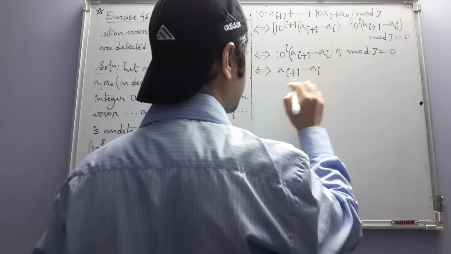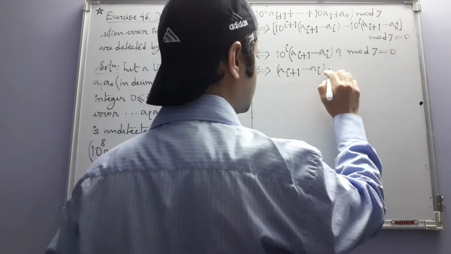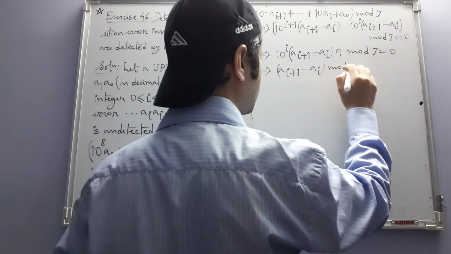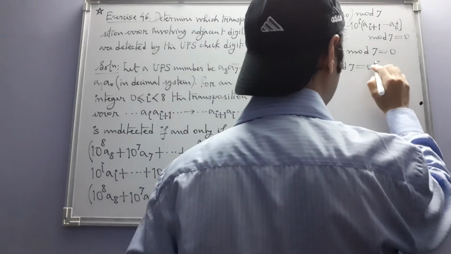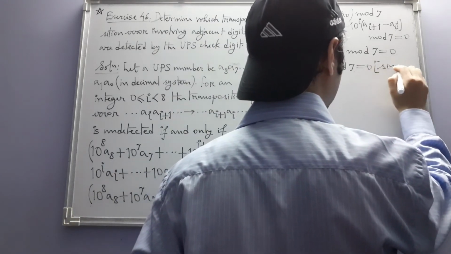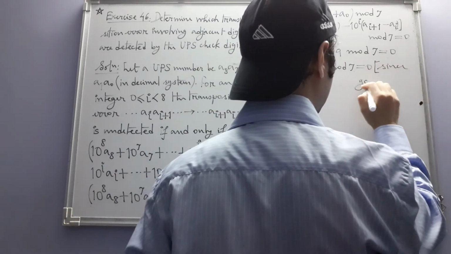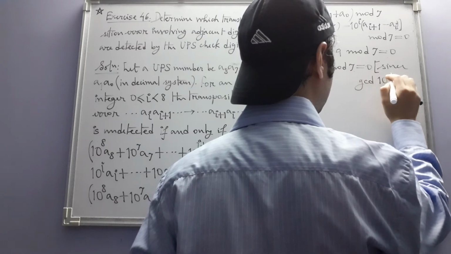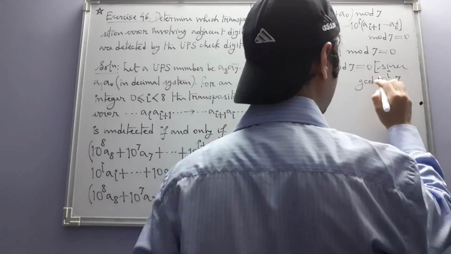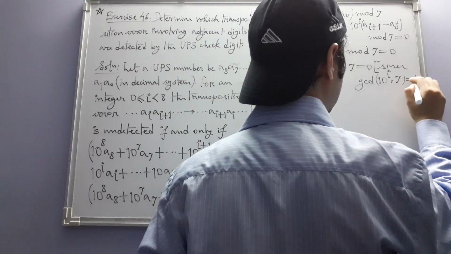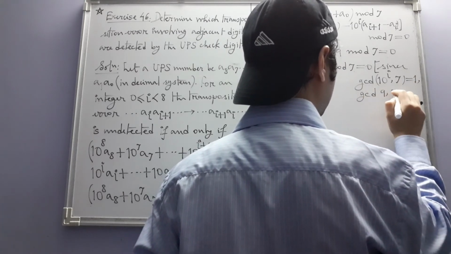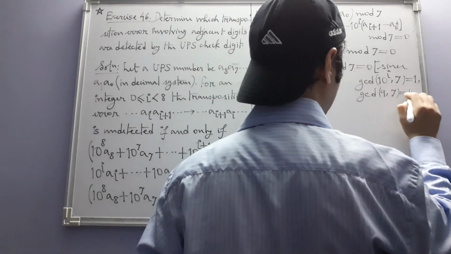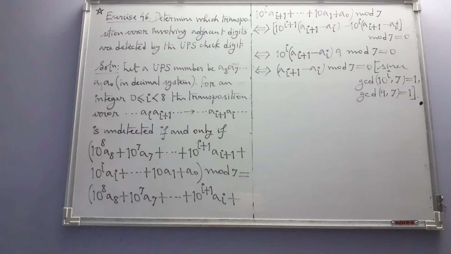So that gives us A_{i+1} minus A_i mod 7 is equal to 0, since this is 1 and this is also equal to 1. Okay.